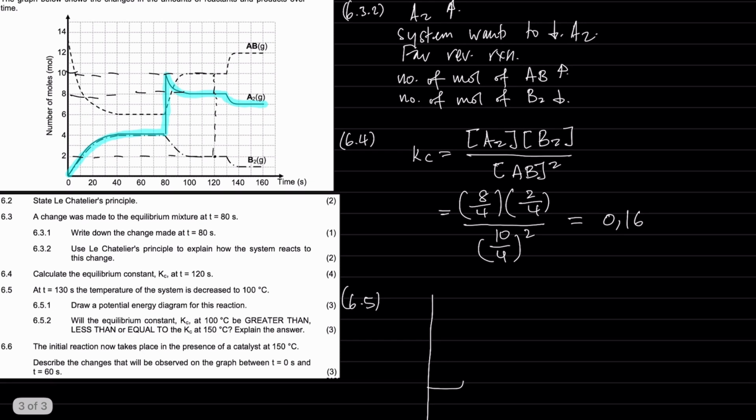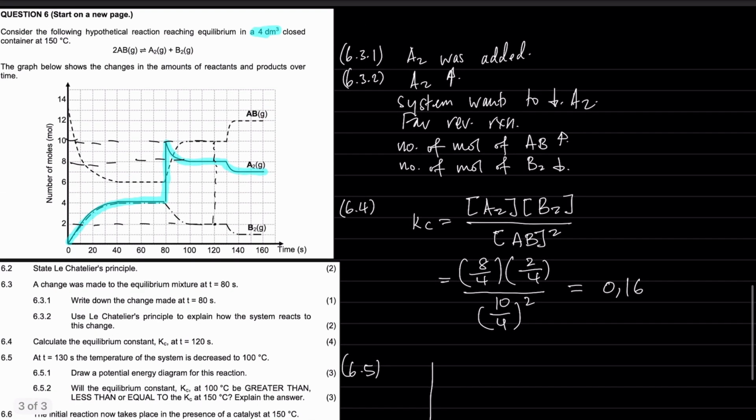So at t equals 130, what happened? Let's draw a line. So 130 is here. So here, what happened? So AB increased, A2 decreased, and B2 decreased.